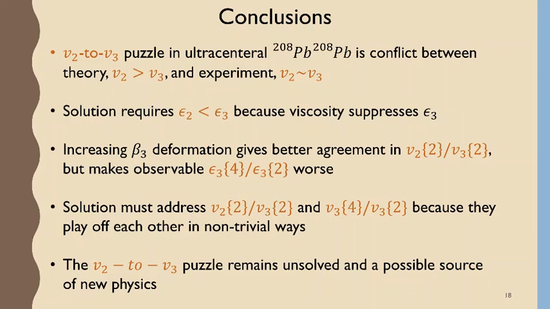And in order to solve this, you need to balance the effect on the V2 to V3 and the 4 to 2 particle ratios. And as far as this puzzle is concerned, this is still unsolved and a possible source of new physics and development.